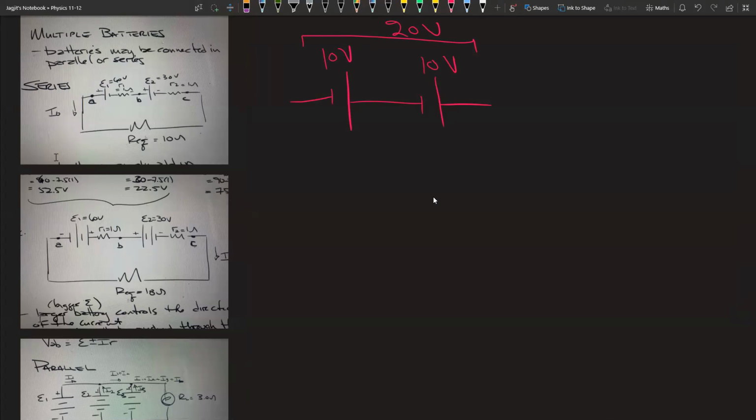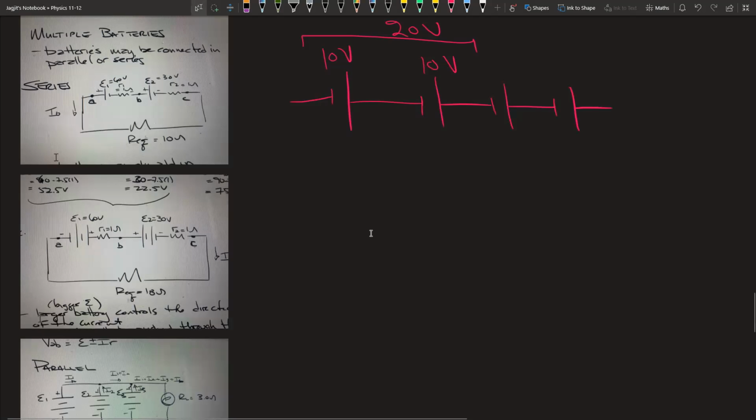And if you want to add more batteries in series, this positive will need to be connected to the negative, and these will keep on adding on. We will have 20 plus 10 plus 10, so 40 volts for that. Okay, that's the concept that they've explained over here.